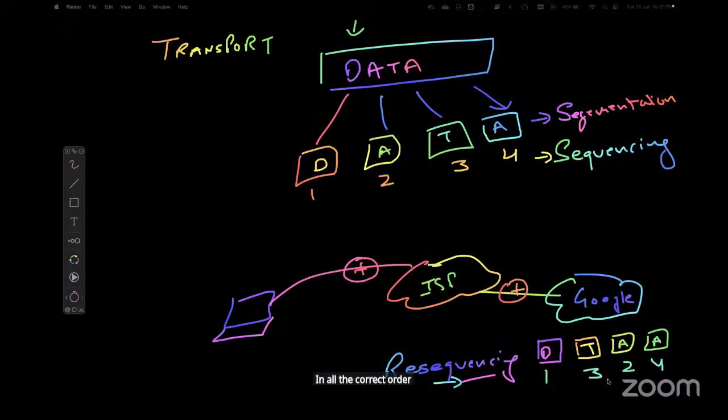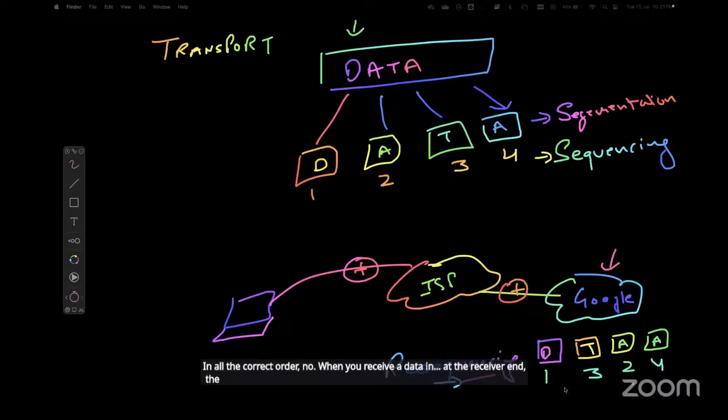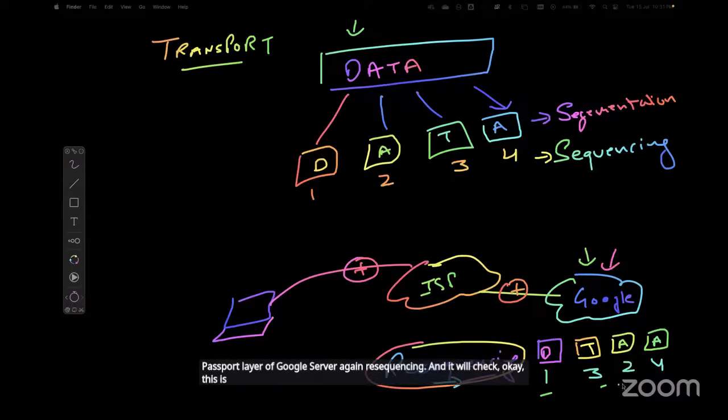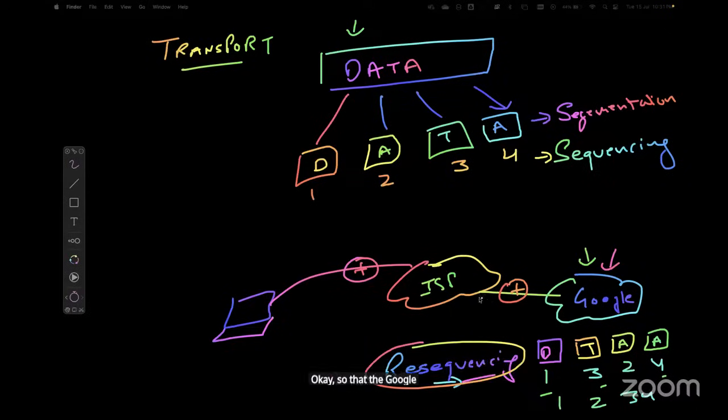When you receive data at the receiver end, the data can be here and there. So the transport layer of the Google server again resequences and checks, okay, this is the first packet, third, second, fourth, and again it will make the 1 2 3 series, so that the Google server actually receives the data.